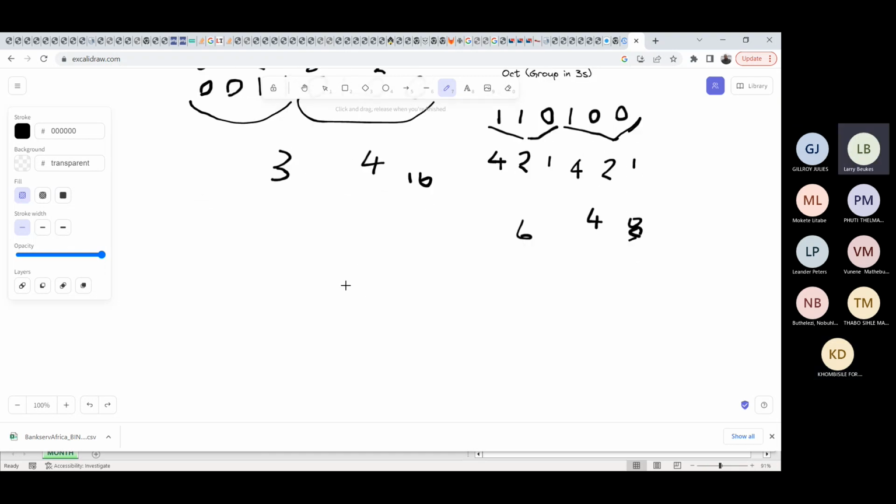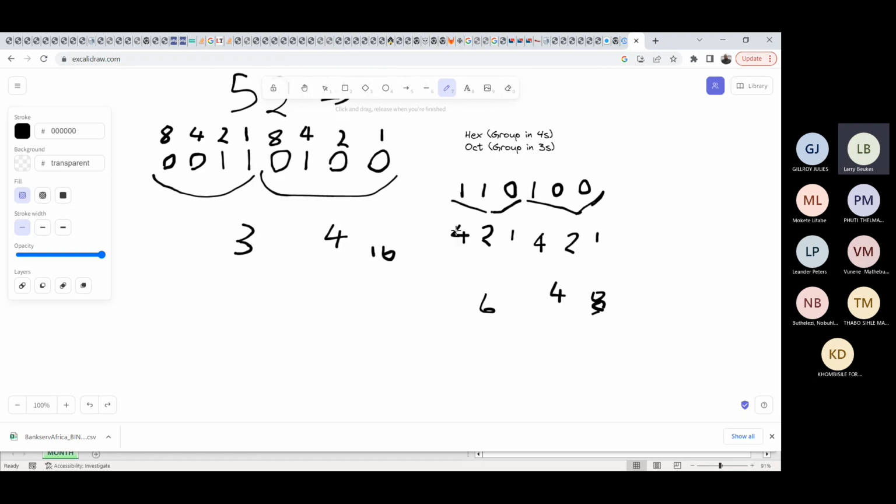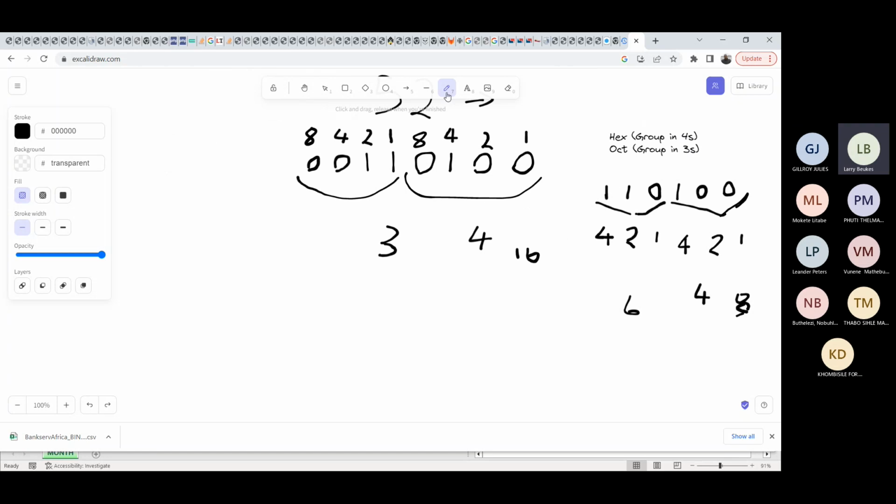Okay, I just want to jump straight to one's complement so that you can have a variety of these things. Okay, one's complement. So guys, again, you need to be able to add binary, right?